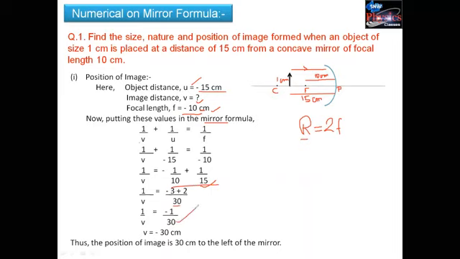So we will get 1 by v is equal to minus 1 by 30, that is v is equal to minus 30 centimeter. Minus sign indicates that the position of image is left of the mirror.